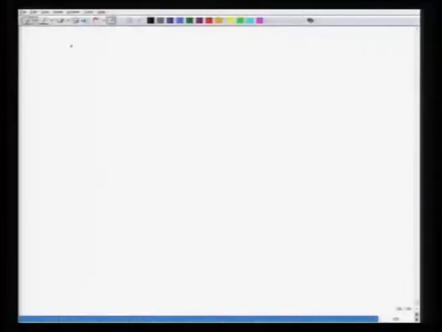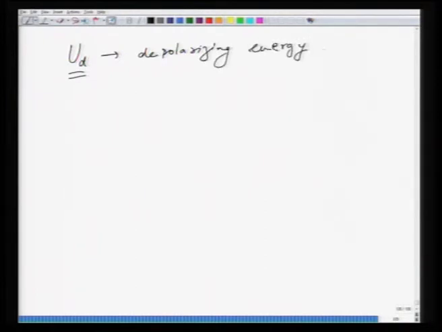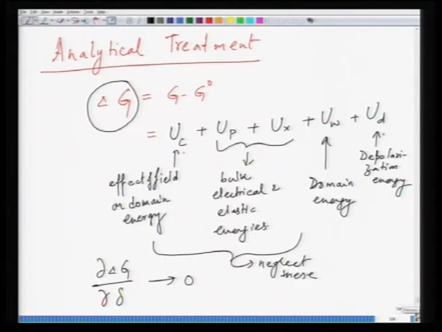The first thing we need to know is UD, the depolarizing energy. What essentially it means is that this free energy curve, for instance, this is your delta G and this is your delta.